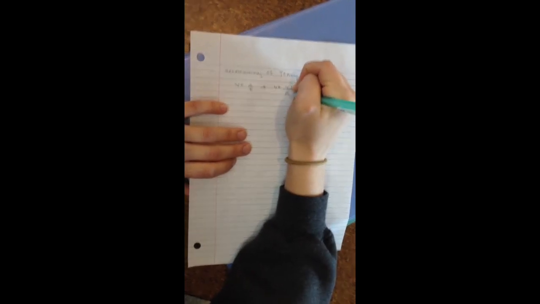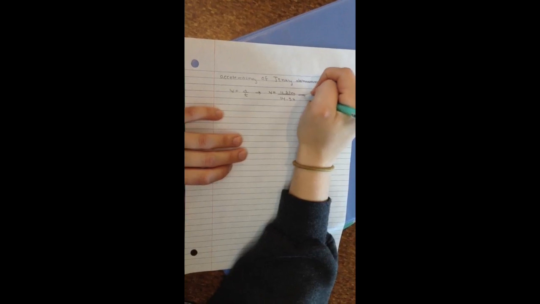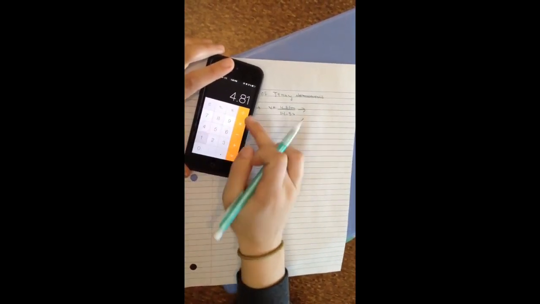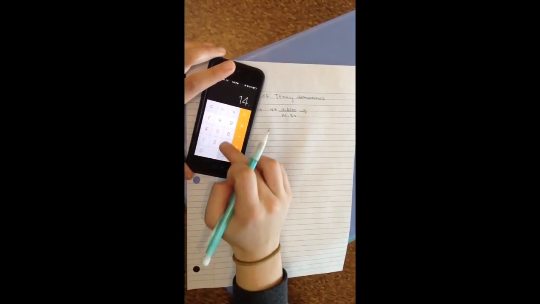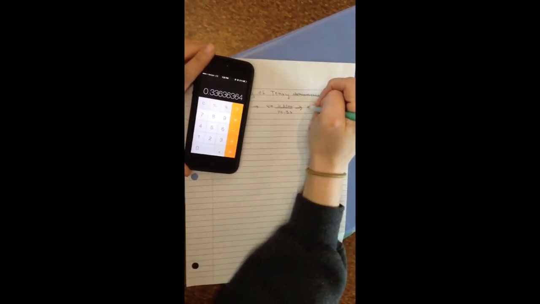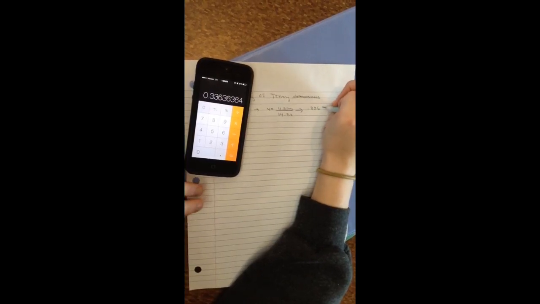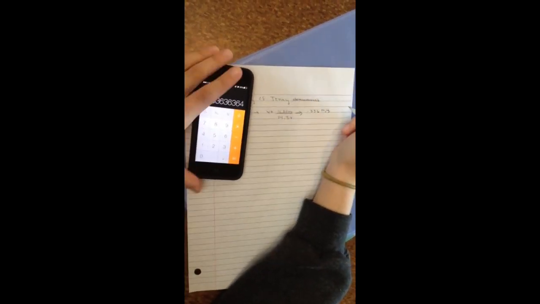This time it took her 14.3 seconds instead of 11.4. In a calculator, 4.81 divided by 14.3 gives a velocity of 0.336 meters per second.